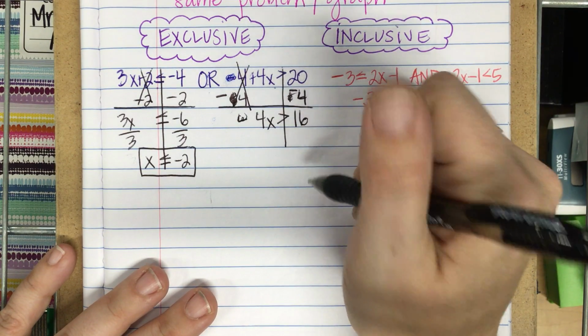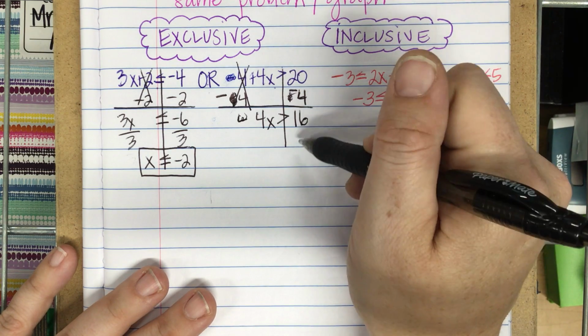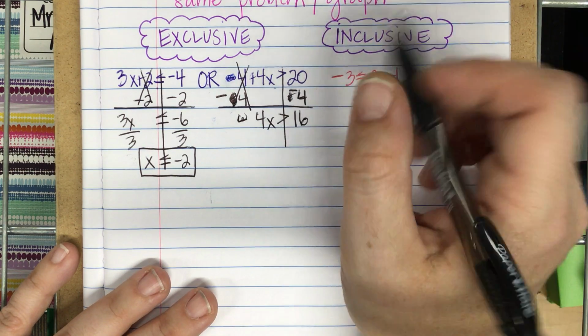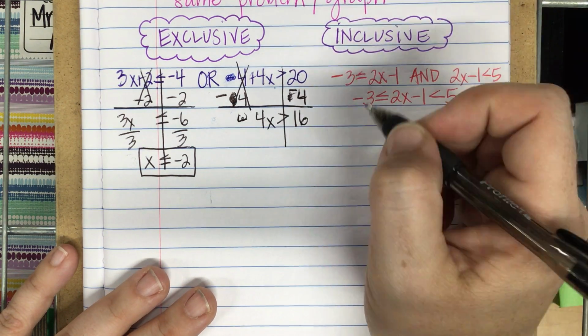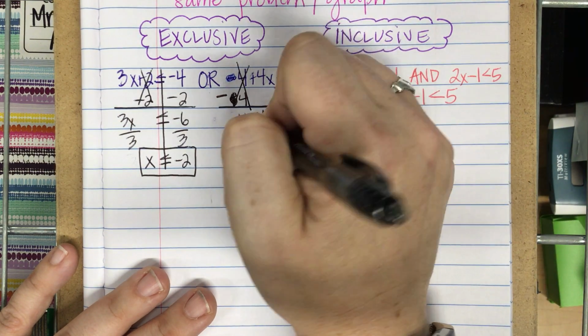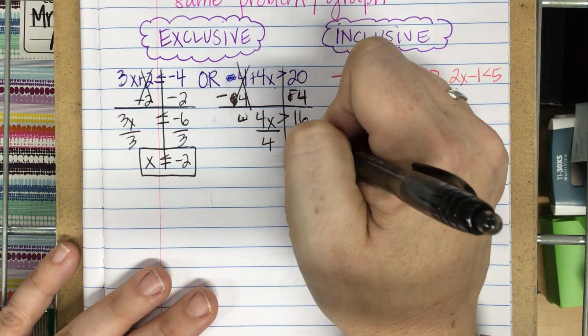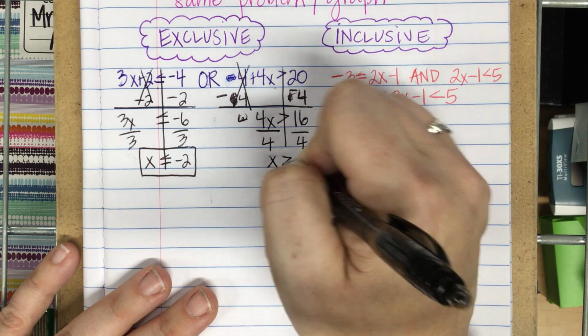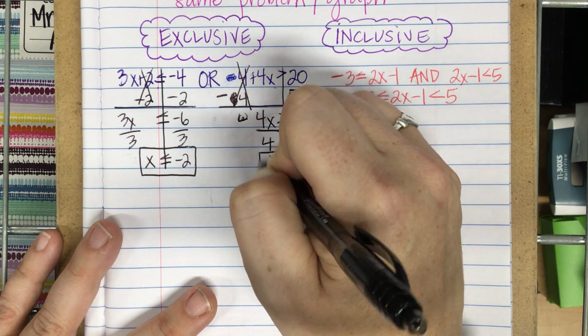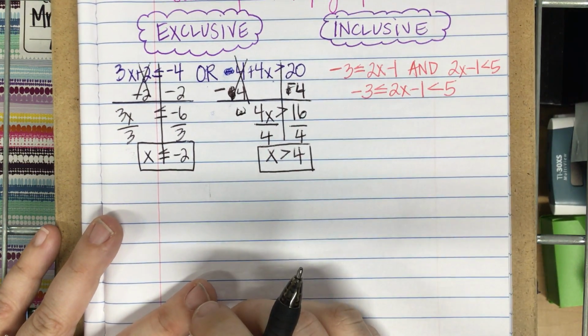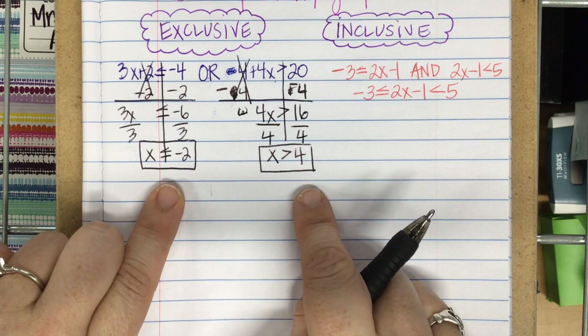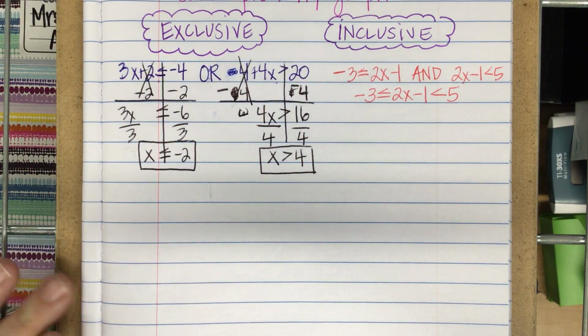Leave it this way. If I would have added 4, I would have gotten 24, which is still divisible by 4. Whatevs. Divide by 4, divide by 4. X is greater than 4. So I have 2 solutions. Do you agree? All right.